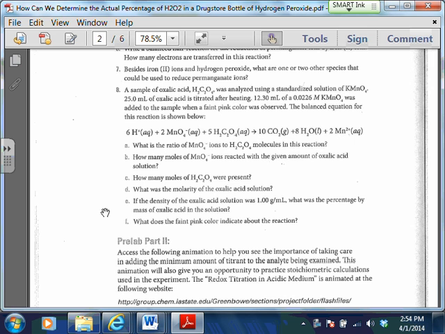But basically, when you get that faint pink, the reaction has completely gone the other direction. Now it's been completely changed into the Mn2+. Okay, no, wait, I'm saying that the wrong way.